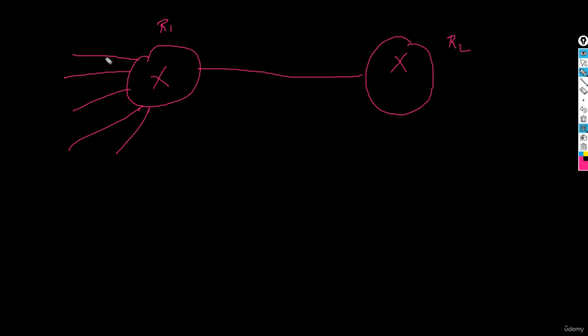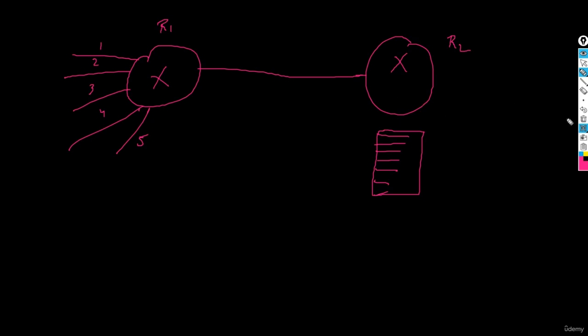I draw maybe 5 routes here, but imagine if 500 routes are coming from R1 to R2, the routing table will increase. It will take a lot of CPU and RAM to analyze routes whenever anyone sends or receives a packet. When traffic is going from one place to another, it will take time.